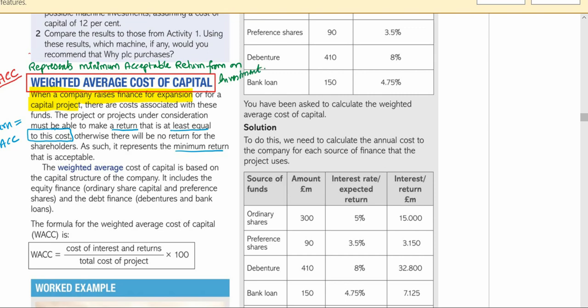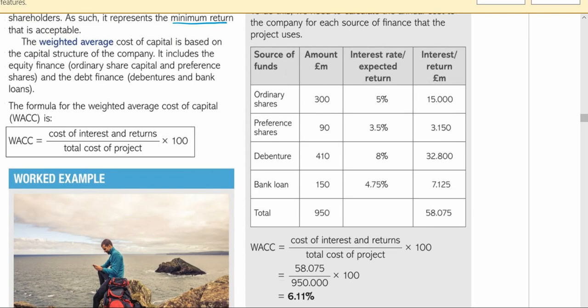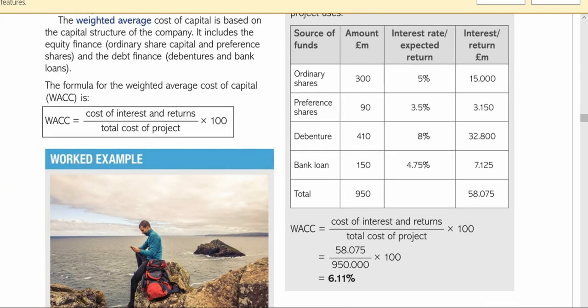Now, how to calculate WACC? At this stage, this formula is not the complete one: cost of interest and return divided by total cost of the project, multiplied by 100. So this is the weighted average cost of capital.